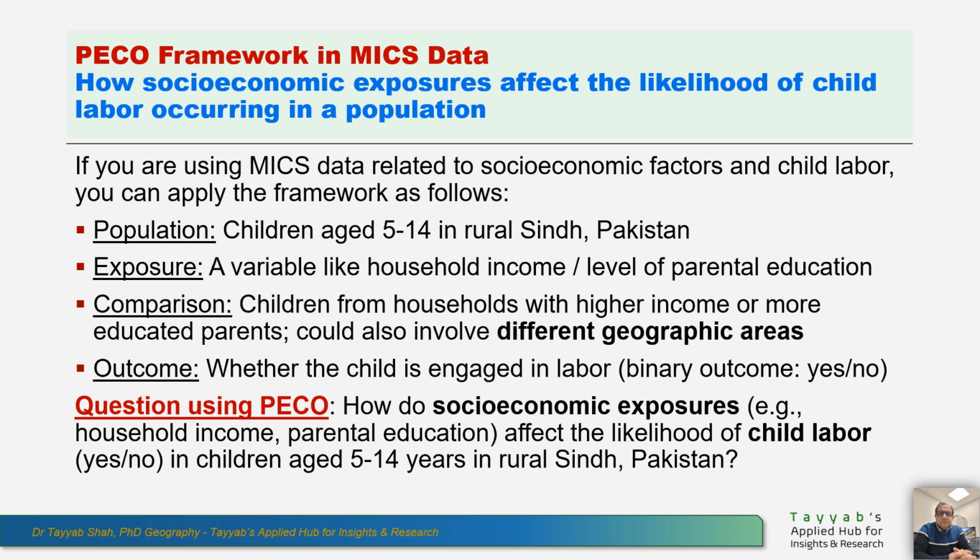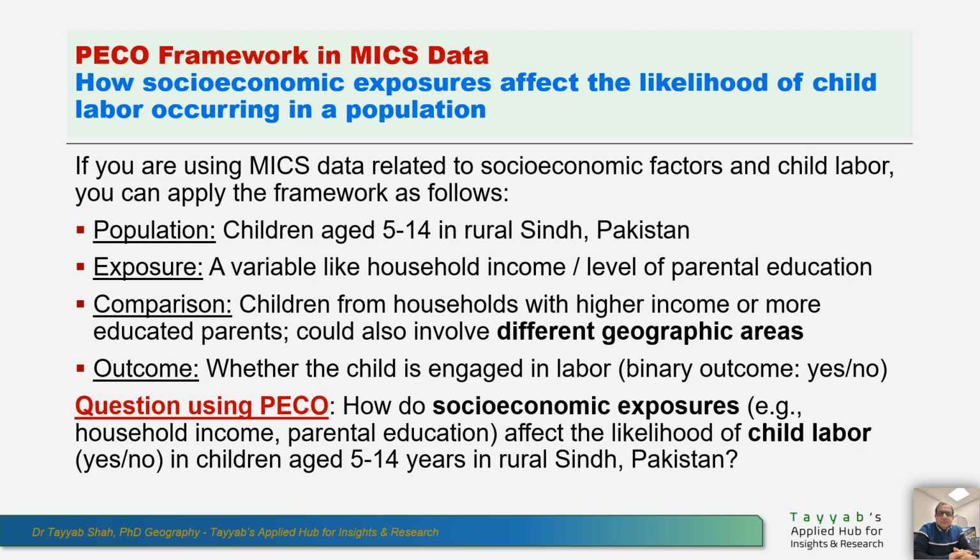So if you want to apply this framework, what's the tentative population you will have? Children aged 5 to 14 is usually in that survey. If you recall, we have the 5 to 17 age group data, which is dealing with child labor.